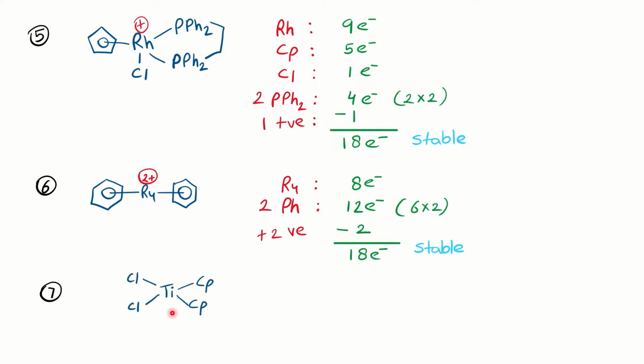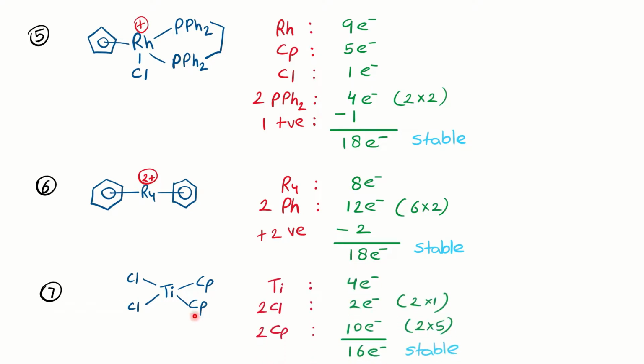Now this is a titanium complex where we have seen that it is an exception that makes a 16 electron complex stable because of its small size. So titanium, 4 electron series, Cp, you can see here a total of 2 Cp are there, 10 electrons, each chlorine 1 contribution, so it is 16 electrons which makes it stable.